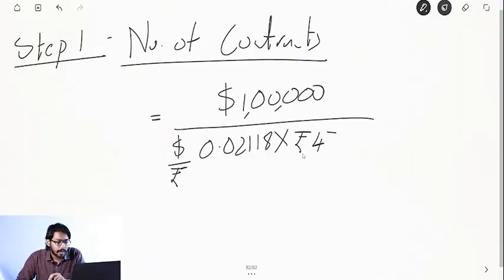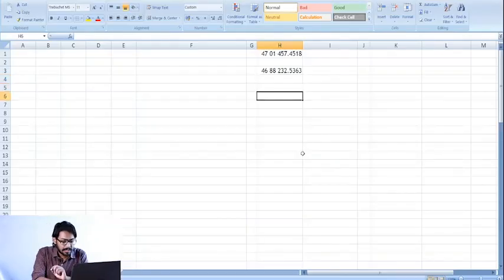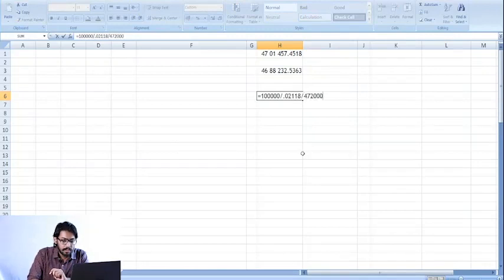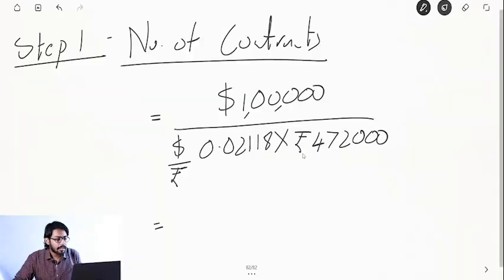So 1 lakh divided by 0.02118 into 4,72,000. Let's check that out. 1 lakh divided by 0.02118 into 4,72,000, you will get around 10 contracts. You will get a very round 10 future contracts.